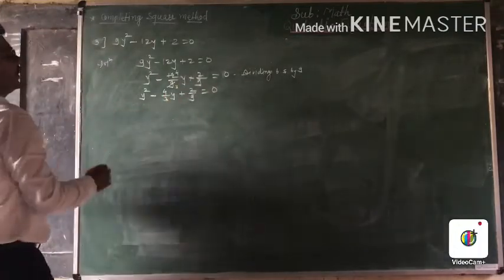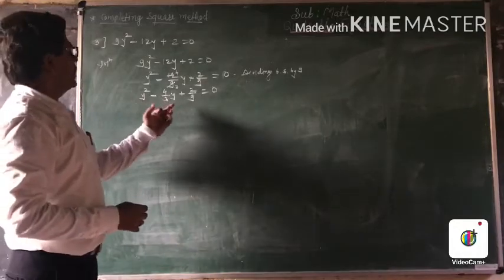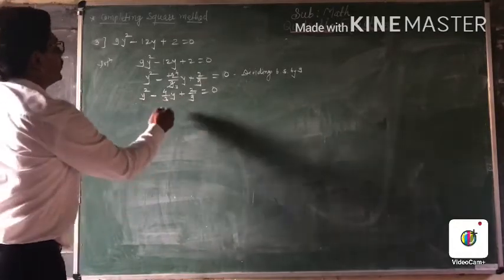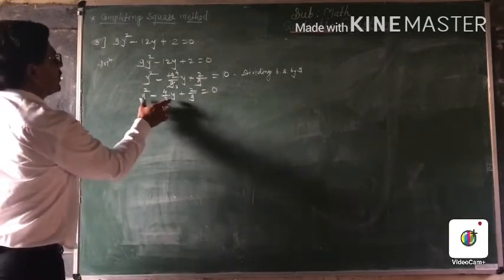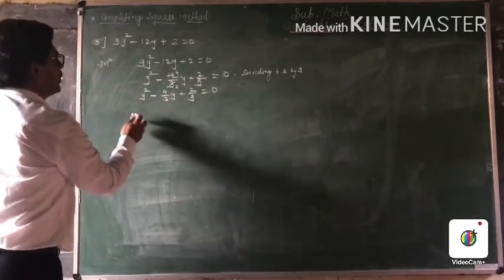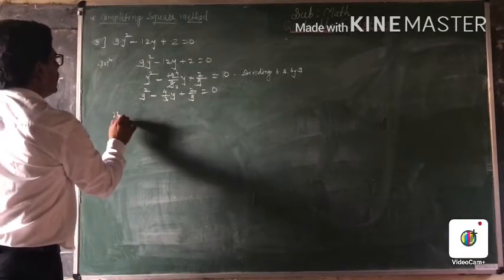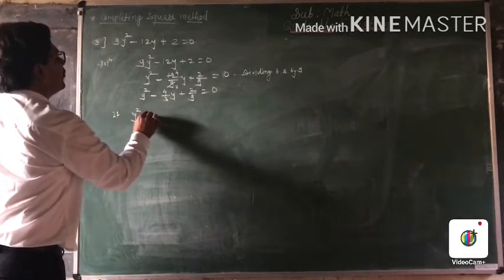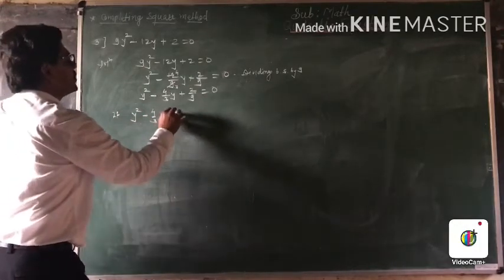Now, here take a constant term, the third term k, so that these three terms, the first two terms and the third term, make a complete square. Now y square minus 4 by 3 y plus k.